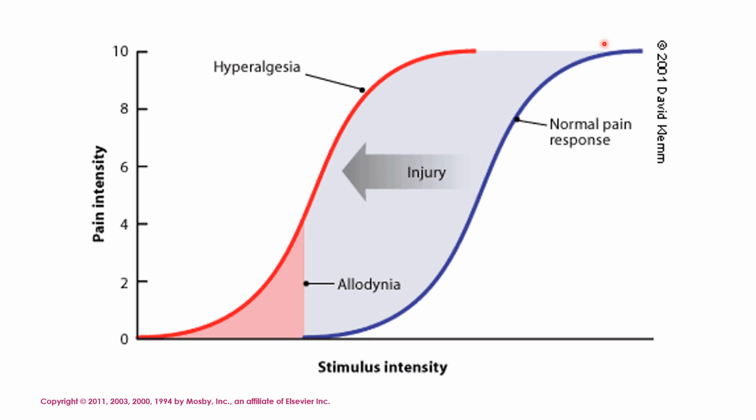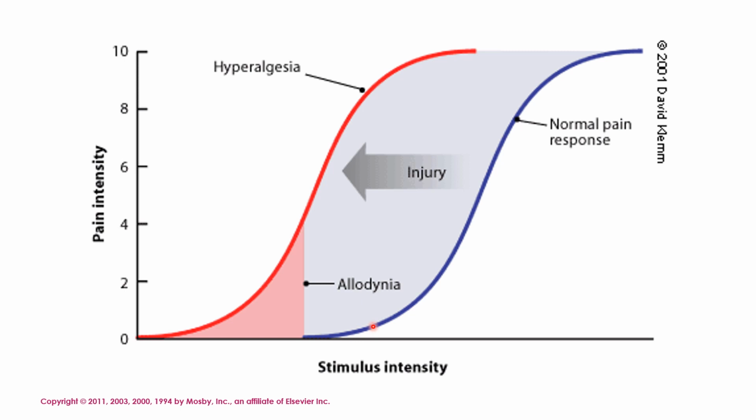We also have the curve for the normal pain response, represented by the blue line. Noxious stimuli can sensitize the nervous system response to subsequent stimuli. When we say noxious, those are stimuli that are damaging or injurious to the animal. When you expose the animal to a noxious stimulus, such as pain, it can make the nervous system more sensitive to subsequent exposure to noxious stimuli.